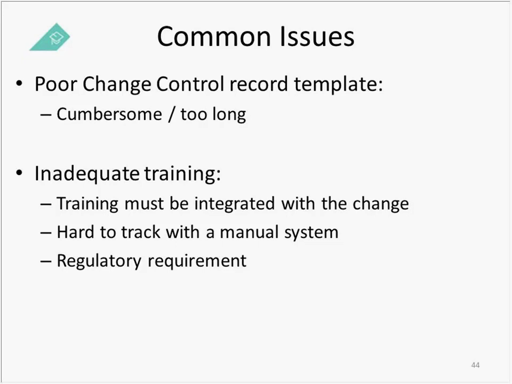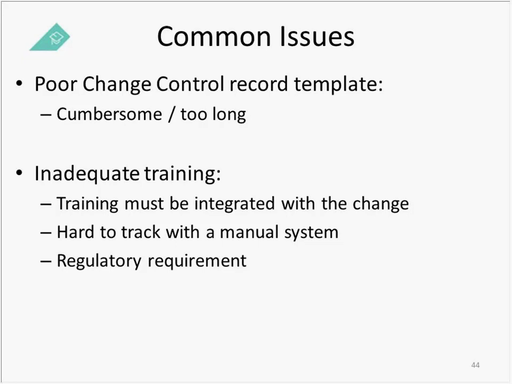And you don't want 57 pages. I have one organization that had a 57-page change control record because it was all inclusive of every type of change. Maybe you want to consider having a template for engineering change controls, document change controls, and specs, but however you do that, make sure that your template is easy.